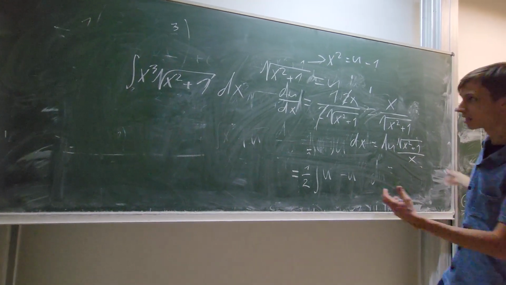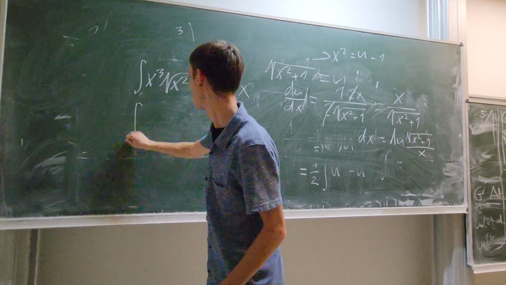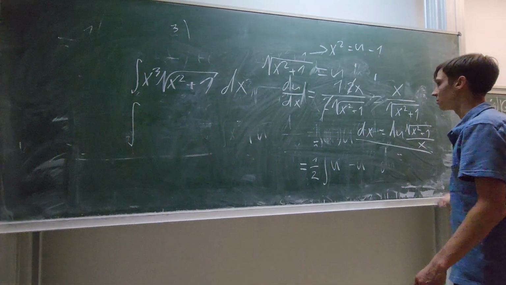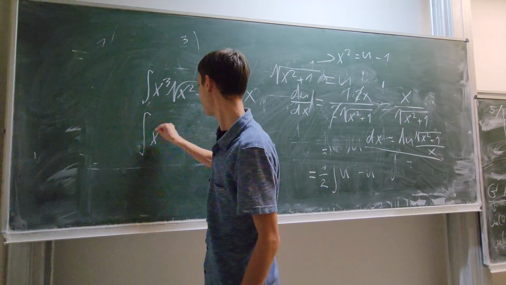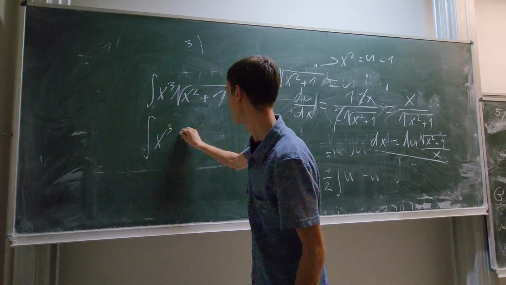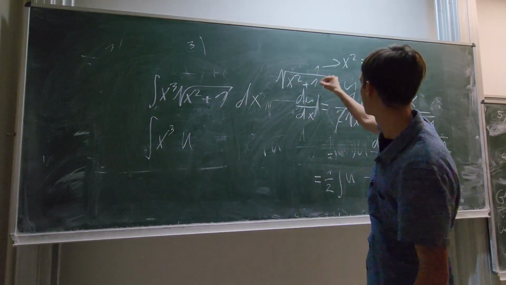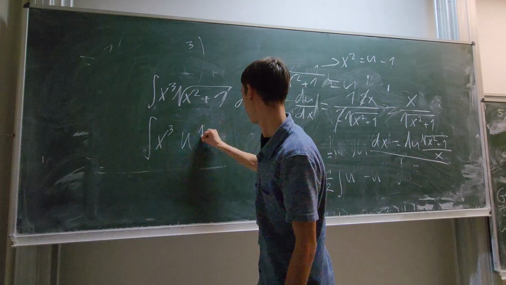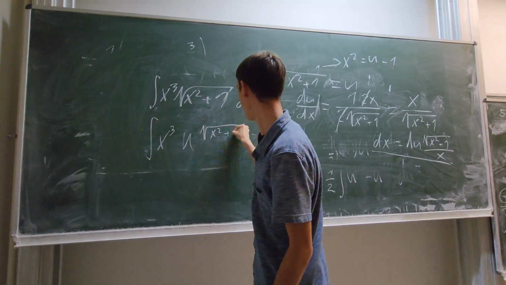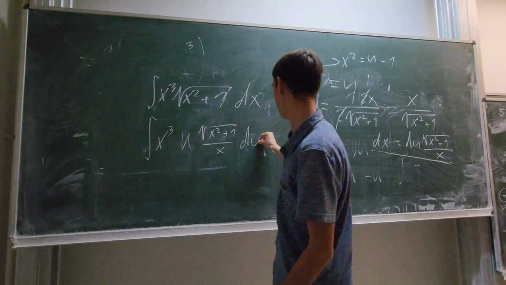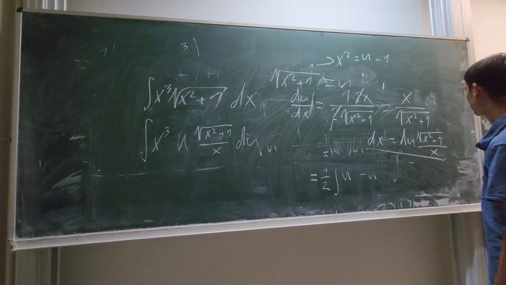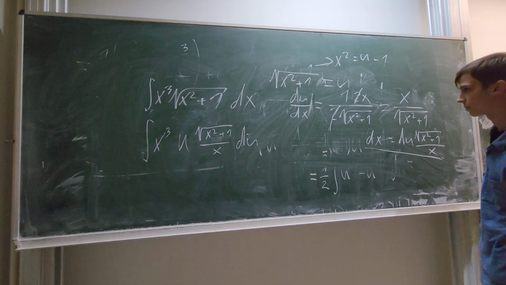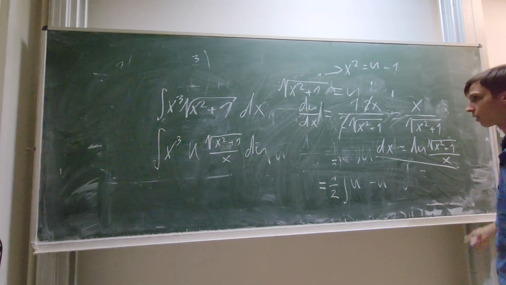Now I can replace the dx by this entire expression. X cubed, I will just keep the way I had. Then u is still this, because I set u to be this entire square root. And the dx will be this square root of x squared plus 1 over x du, as follows.